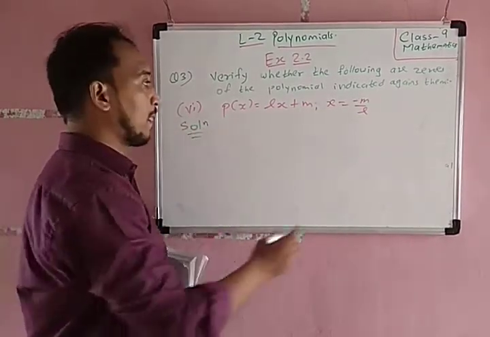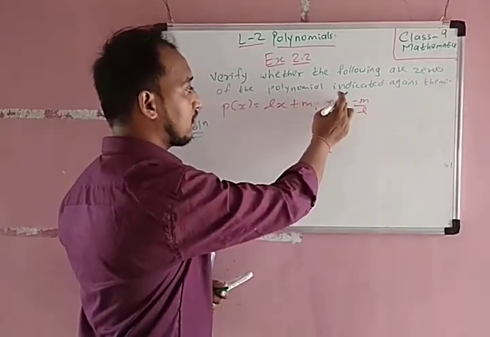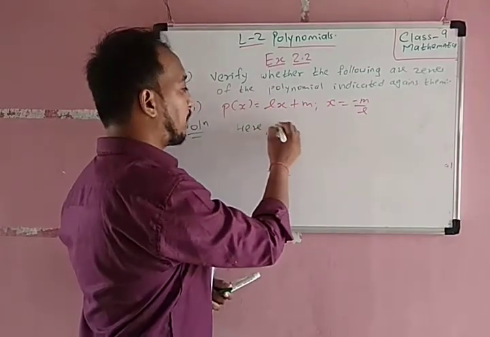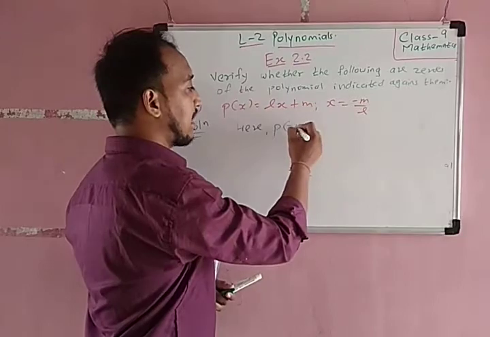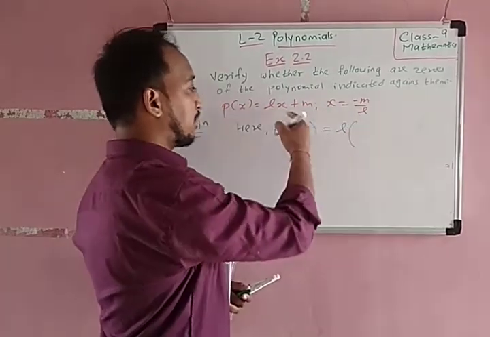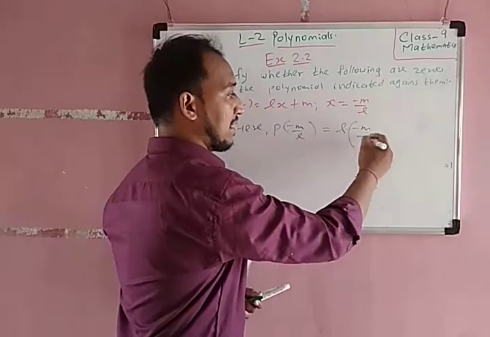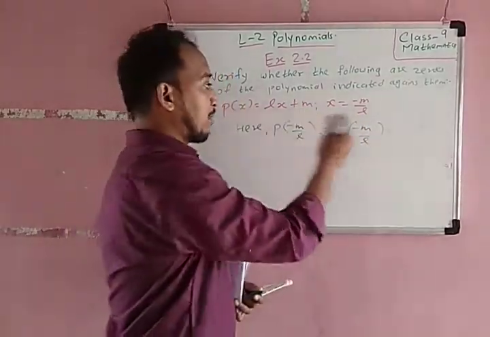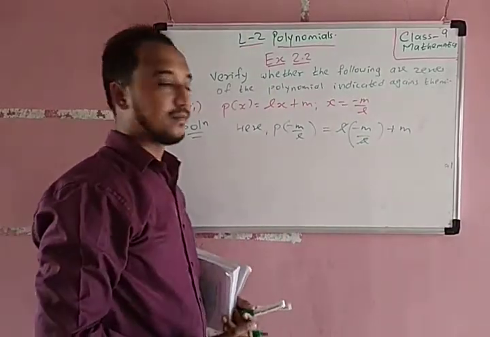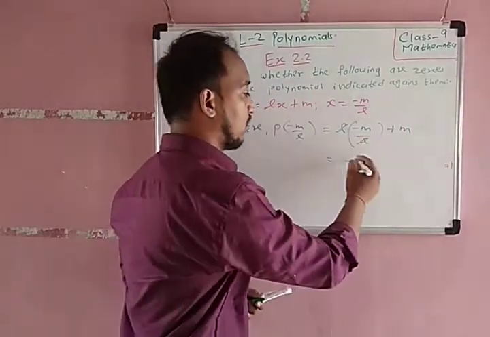In place of x we have to put minus m by L. So here p of minus m by L is equal to L into minus m by L, plus m. Here L cancels out. What remains?